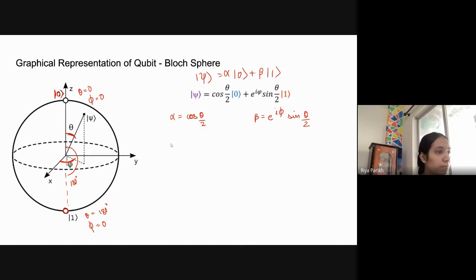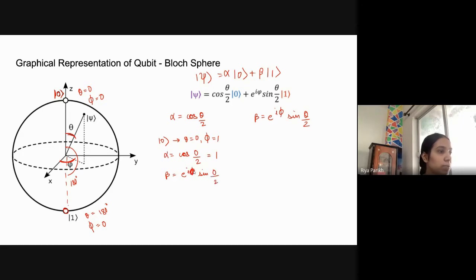So let's put in our values for state 0, where theta is equal to 0 and phi is equal to 0. So alpha is equal to cos 0 by 2, which will be 1. And beta will be e to the power i phi sine 0 by 2.